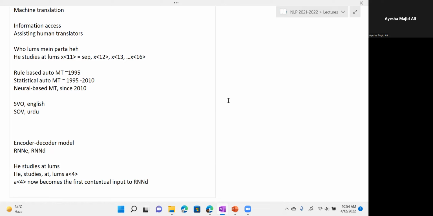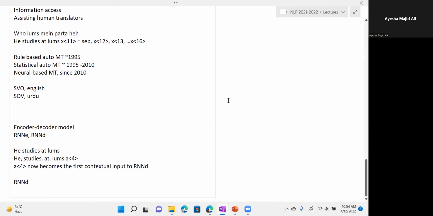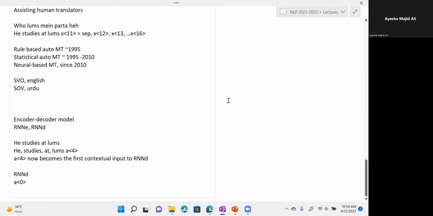Why am I calling it contextual input? Because of course there is another input as well. Remember, in an RNN you have A0 and X1. So now A0 becomes this. If we talk about RNN-D, its A0 would be A4 of the previous network.